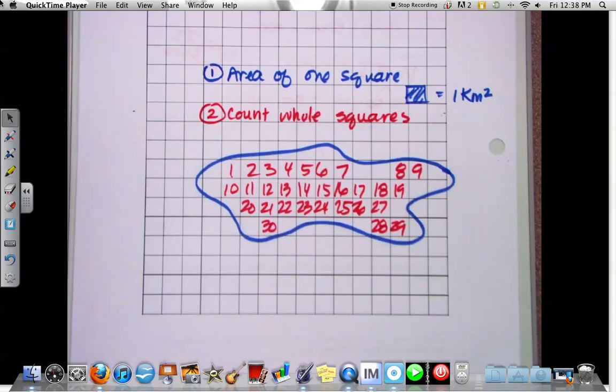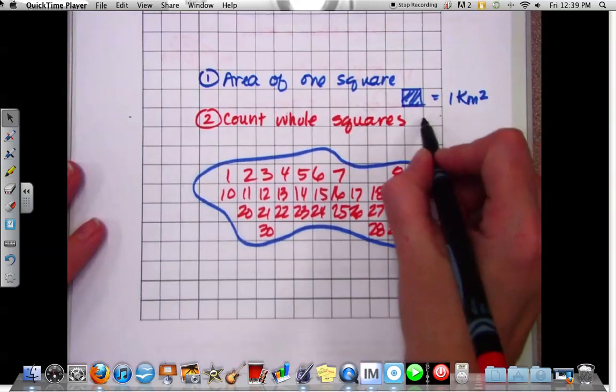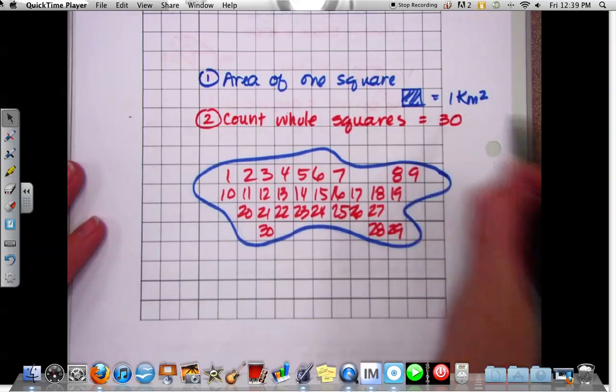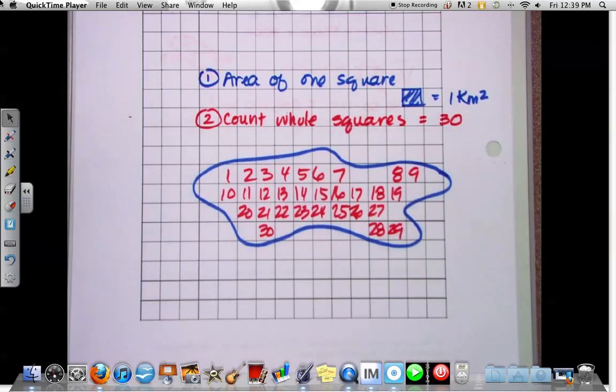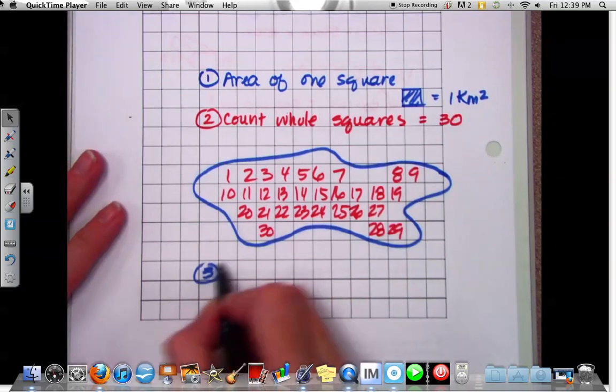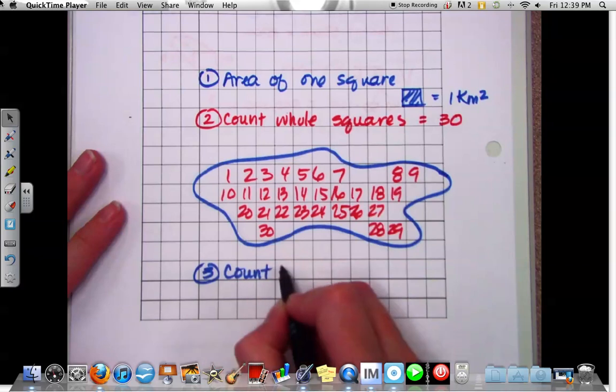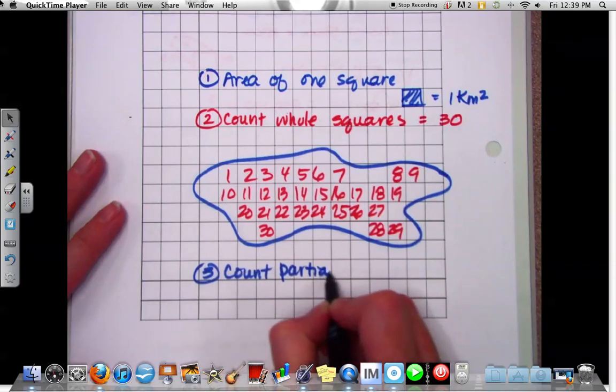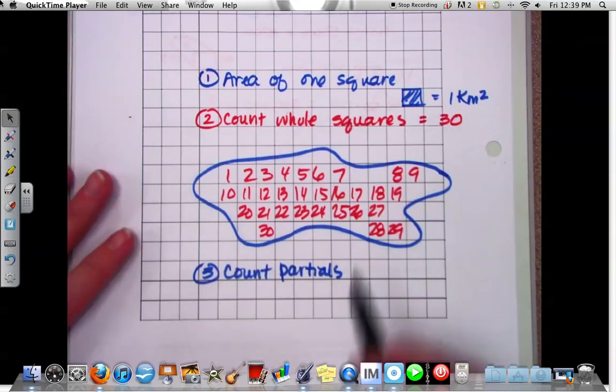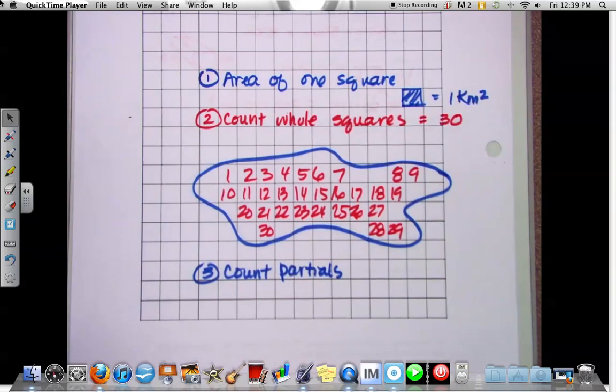So we're not all going to be exactly the same, but we're going to be close. So we're ranging from 27 to 33. So write down the number that you found. What's the next step that we did? Ones and divided by 2. Okay, count your partials. What if you can't divide it by 2 either way? Then you have a decimal.